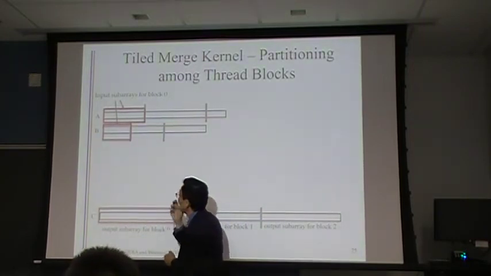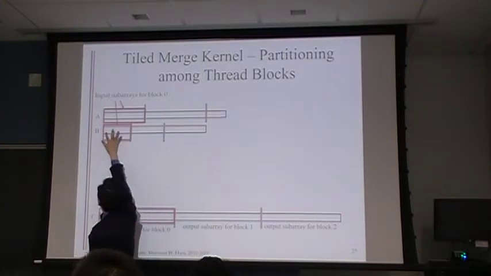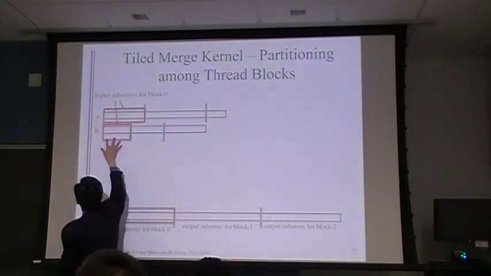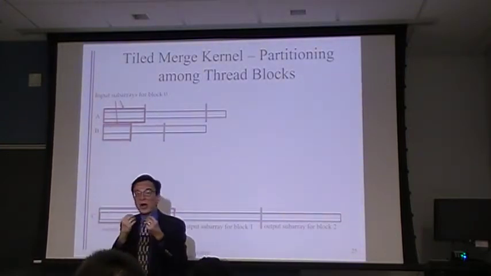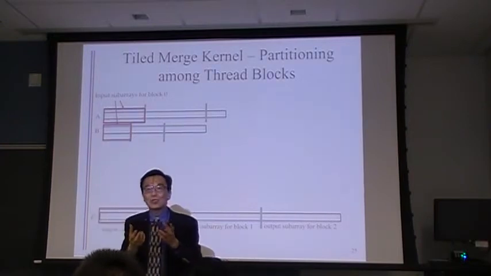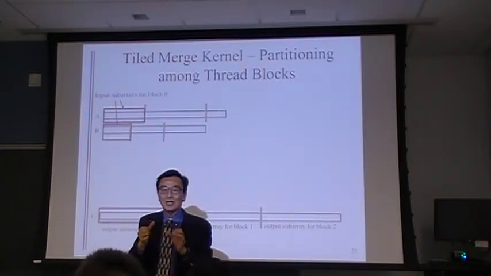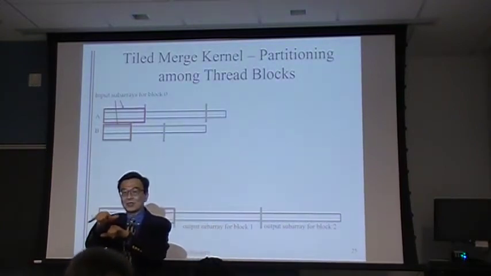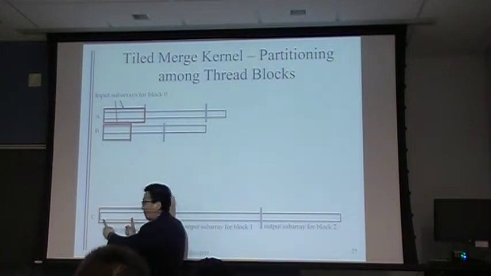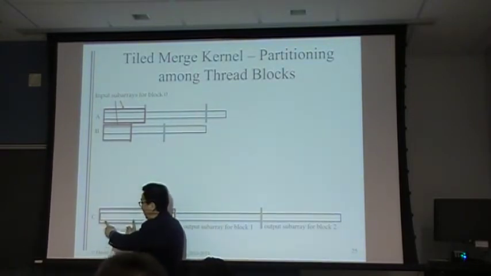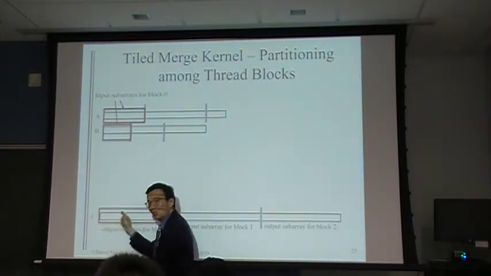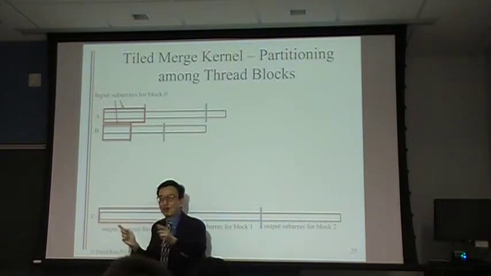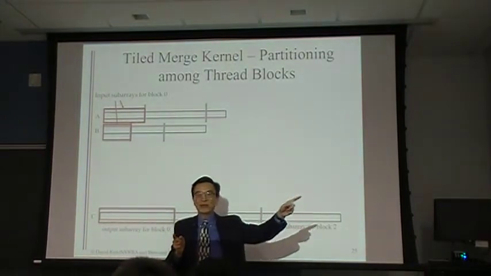But the bottom line is, if we have a big enough section of A and big enough section of B in each tile, then we can just treat this as a merge problem that the entire thread block participates in. So suddenly we can take this section of C and divide it into smaller sections, just like what we did in the previous version.